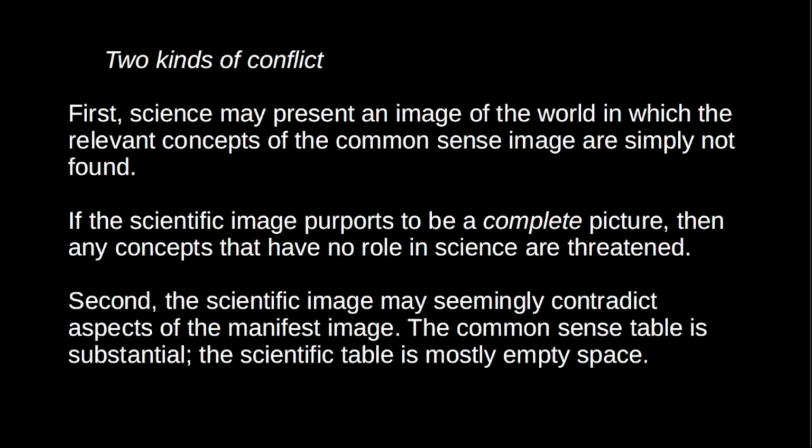We just have seemingly two incompatible descriptions of a table. Again, we're not going to worry too much about this distinction in this video, but it's worth keeping in mind. Obviously, the boundaries between these two types of conflict are kind of vague, and they raise similar issues.